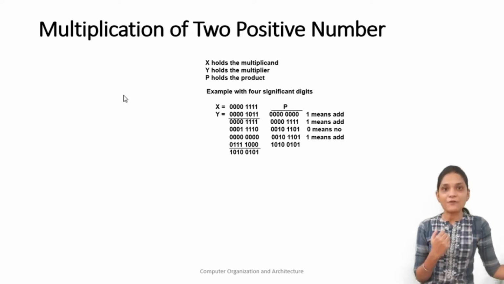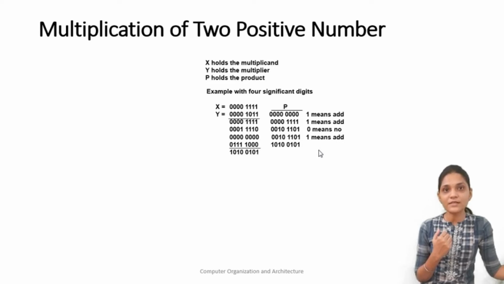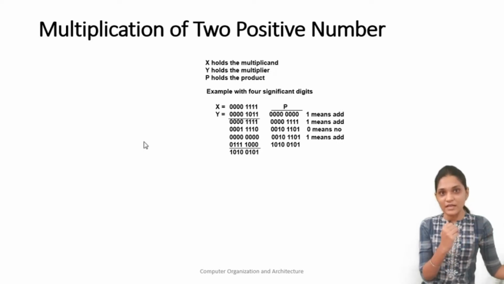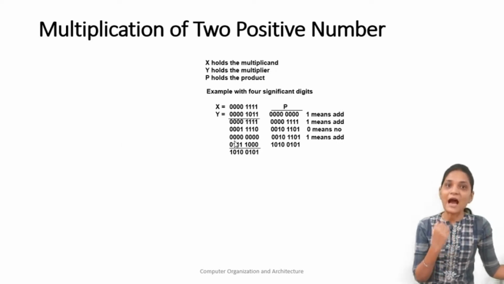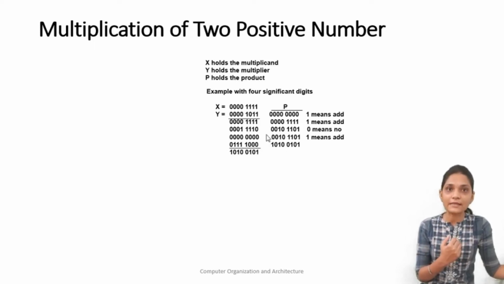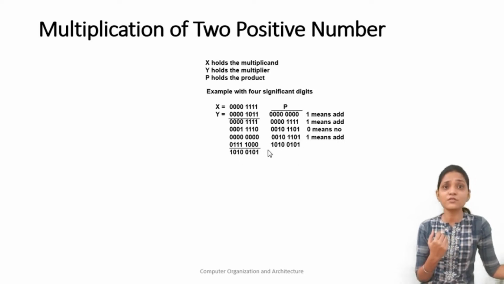So after shifting, you have some bit pattern like 0 0 1 1 1 1 0 0 for this 0. After that you will check for this bit. If it is 1, then add this shifted version. This shifted version will be like 0 1 1 1 1 0 0 0 0, and you add this into this partial product, and after that your result will be like 1 0 1 0 0 1 0 1.